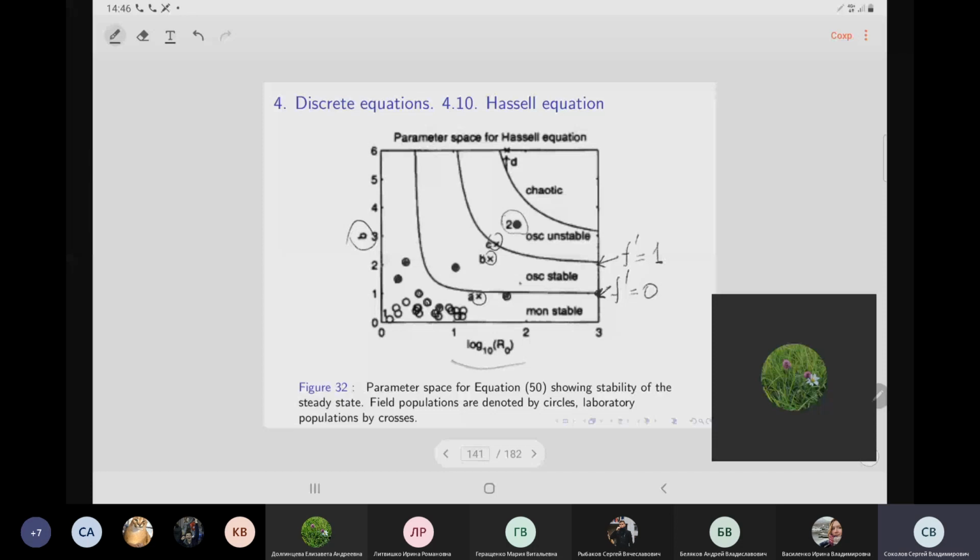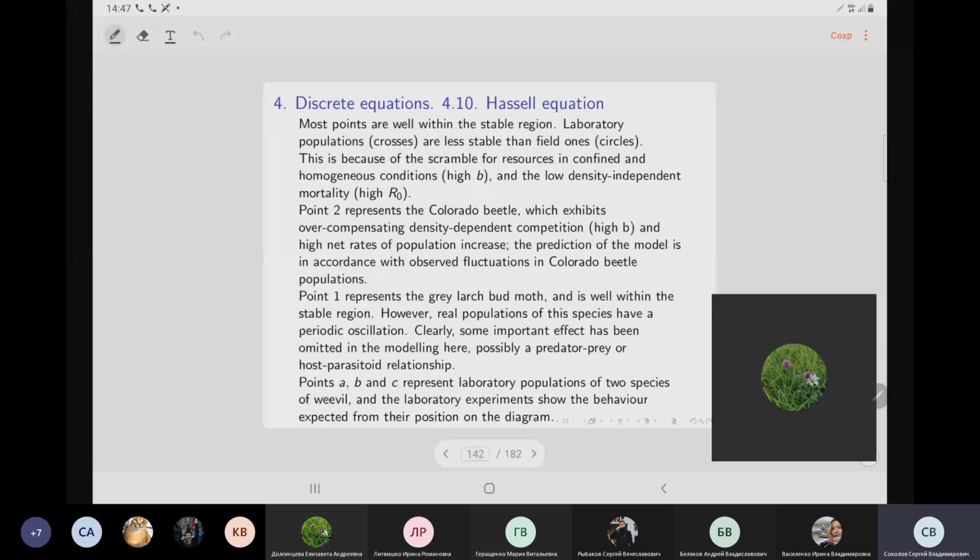But I think we can't analyze all our real populations with this equation. I think there are maybe some higher order terms or something like this that take influence, because the Colorado beetle has a more or less stable population. There is no danger to this population, so that's okay for these beetles.